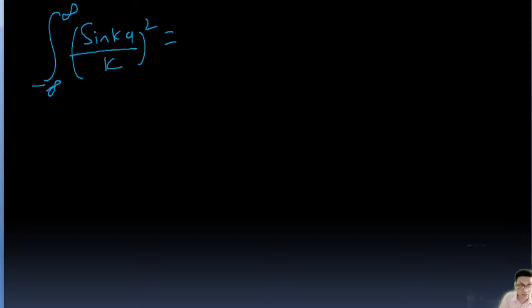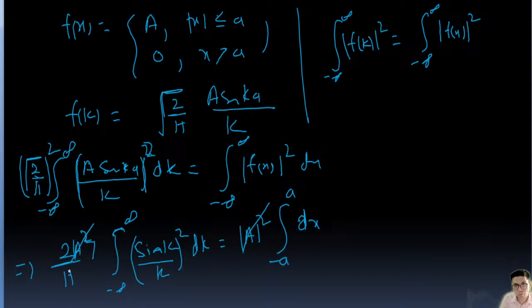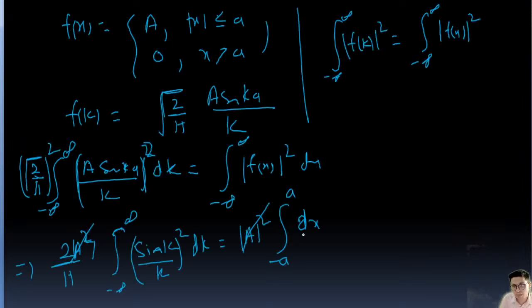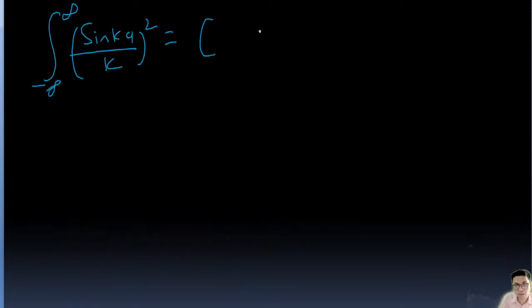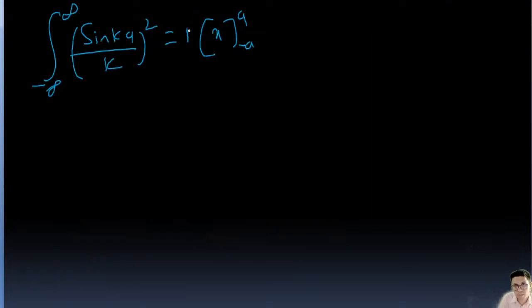This 2 upon pi will go to the right hand side, so pi upon 2. The integral of dx from minus a to a gives the x evaluated between minus a and a, right? Okay.